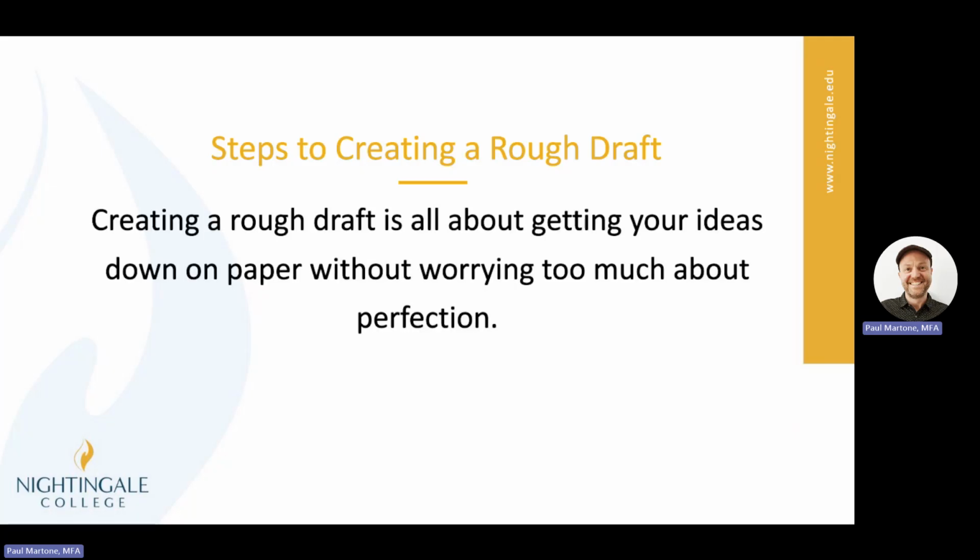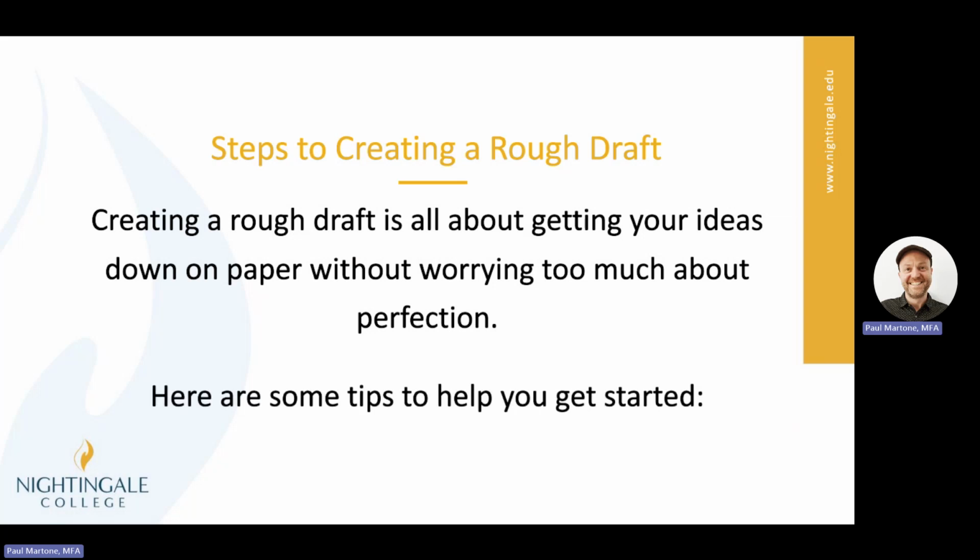That's it. Okay, let's talk about the steps to creating a rough draft. Creating a rough draft is all about getting your ideas down on paper without worrying too much about perfection, okay? We are going to be able to improve our essays through the process of revision. So our initial ideas, when we get them down on the page, we might find that they're a little messy. It's okay. Leave yourself time to revise.